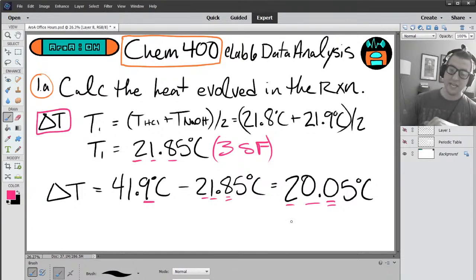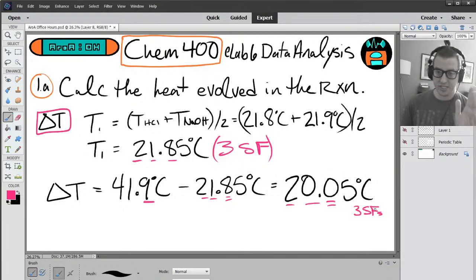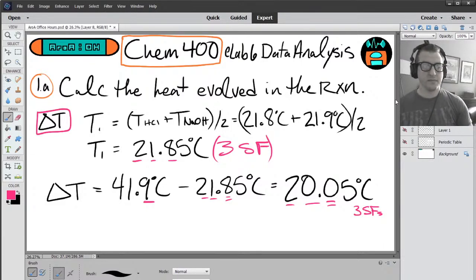I'm going to wait to round to the end, but this number has 3 sig figs, just like our initial temperature and our final temperature. So there's our delta T.